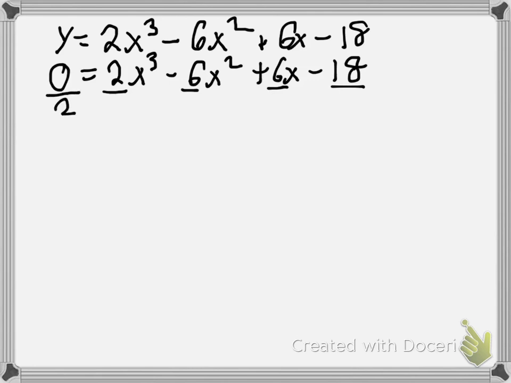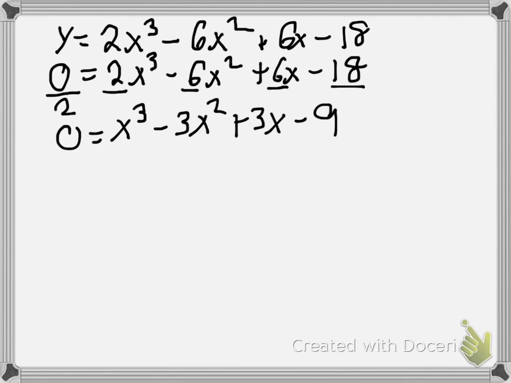She's 42. So 0 divided by 2 is 0, equals x cubed minus 3x squared plus 3x minus 9. Now, let's go ahead and do our break it in half.